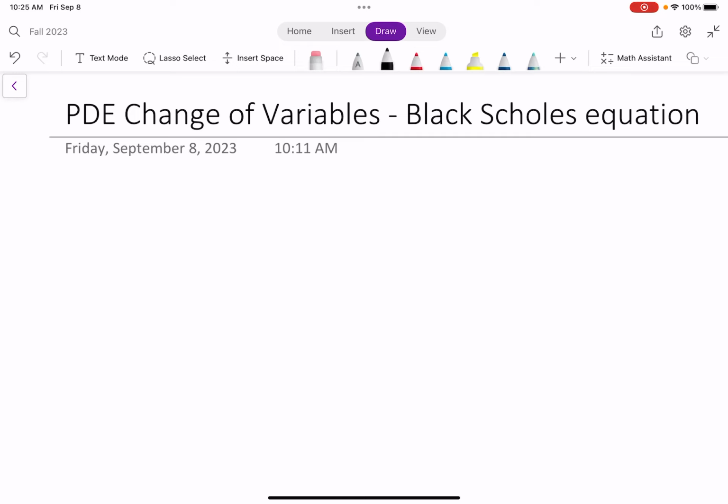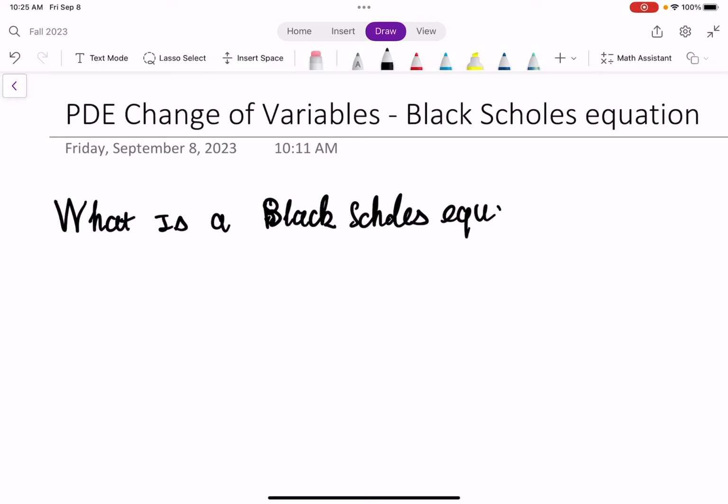So what is the Black-Scholes equation? So the Black-Scholes equation says something like this.